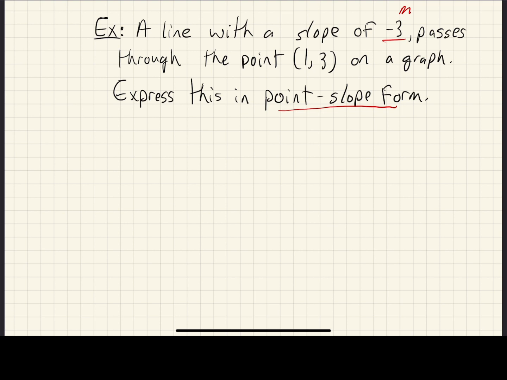So if this is a point on the graph that is not the y-intercept, then that would be the x1 and that's the y1. If my point-slope formula is y minus y1 equals the slope multiplied by x minus x1, then we can just write y minus 3 is equal to -3 multiplied by x minus 1.